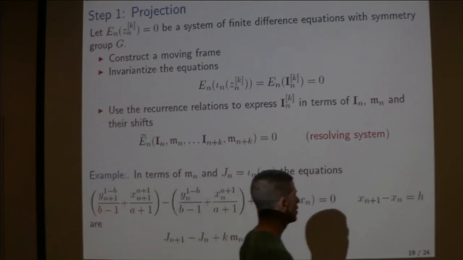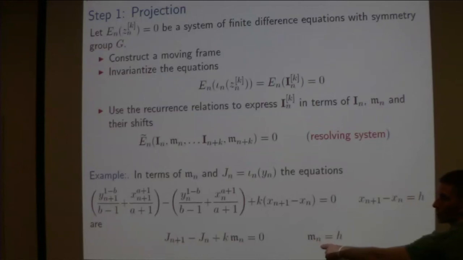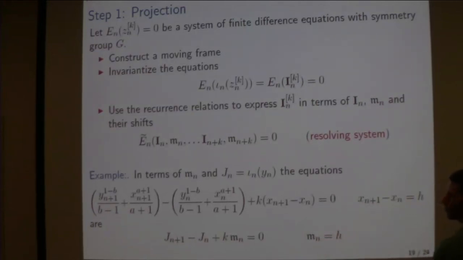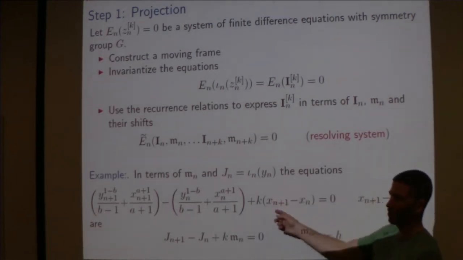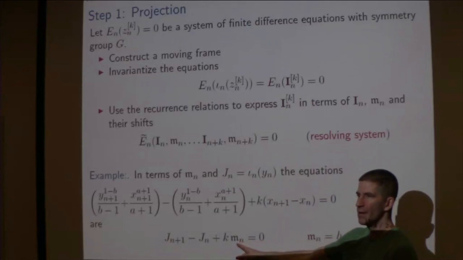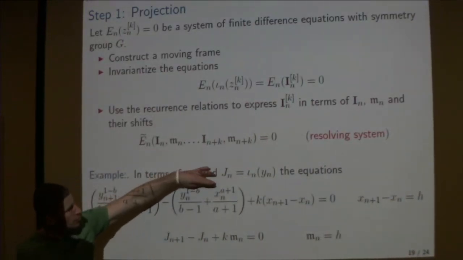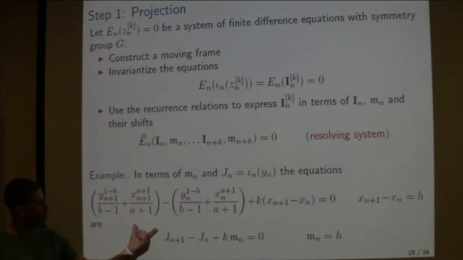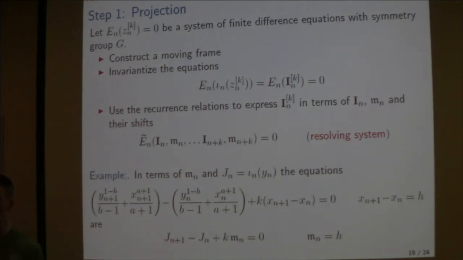On the right-hand side, xn plus 1 minus xn is indeed our Maurer-Cartan invariant for that problem. So this Maurer-Cartan invariant has to be equal to h, and the Maurer-Cartan invariant appears here also, so that's why we have mn. Each of these two parentheses, the first one on the right is just Jn, and the second one is just Jn shifted by 1. So we have this finite difference equation.